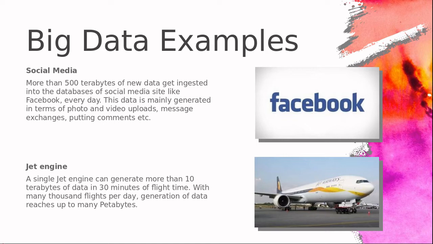This data is mainly generated in terms of photo and video uploads, message exchanges, comments, etc. Jet engine: a single jet engine can generate more than 10 terabytes of data in 30 minutes of flight time. With many thousand flights per day, generation of data reaches up to many petabytes.